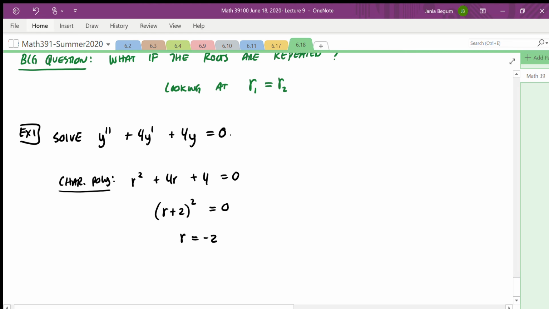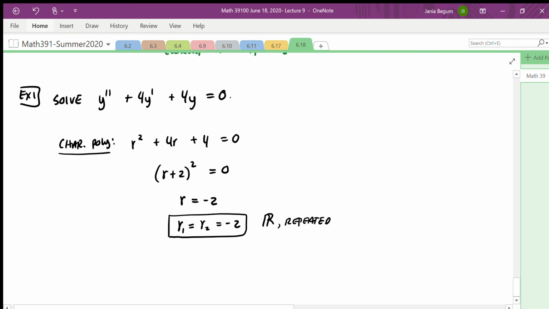So r1 is exactly equal to r2, which is -2. So it is real and repeated. Okay, so that's what it means when the roots are repeated. So that means we only know one solution. We only know how to write one solution, y1 is equal to e to the -2t.